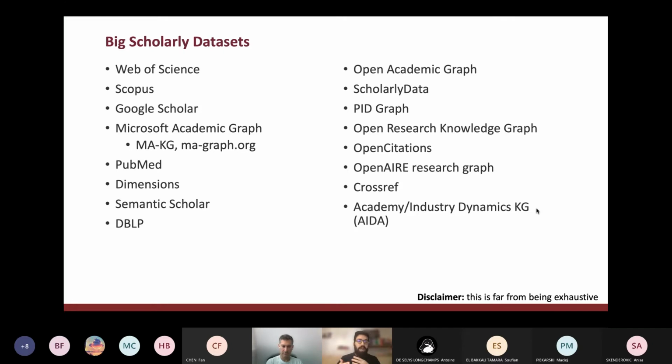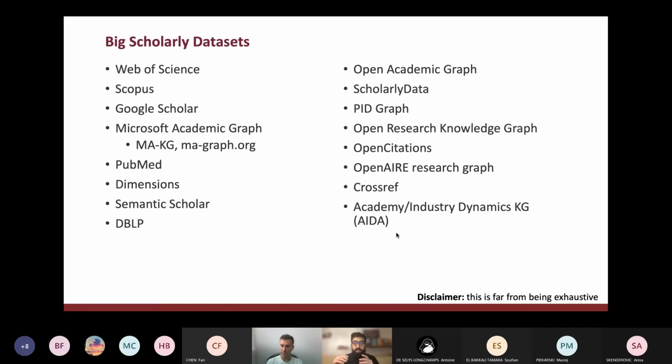Then Scopus arrived, and this sparked a movement in which many people started gathering scholarly data, like Google Scholar, Microsoft Academic Graph, PubMed, then Dimensions, Semantic Scholar, DBLP. I don't want to mention all of them, but in the list that you're seeing here, I want to mention the last one, which is AIDA, the one that we built as a team, and I'm going to present it a little bit later in this lecture.